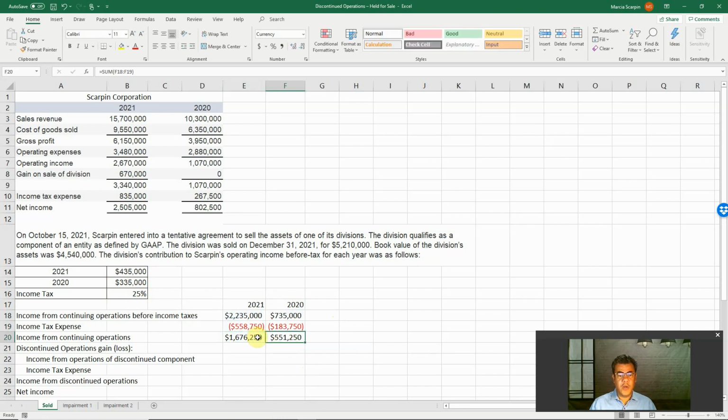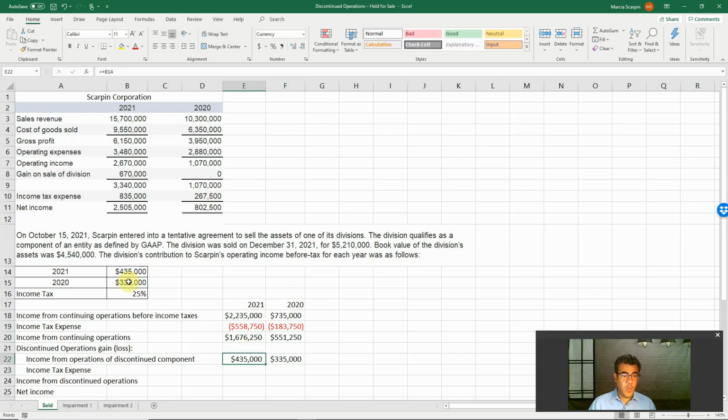And we can work with this income tax expense as a positive number, and then we do the math differently here: operating income before taxes less income tax expense. Now, discontinued operation. So okay, income from operation 435, 335.